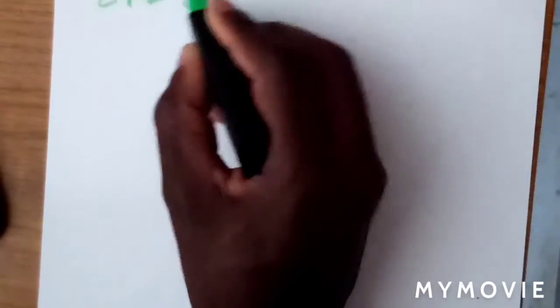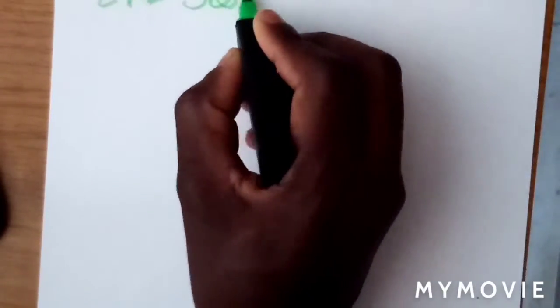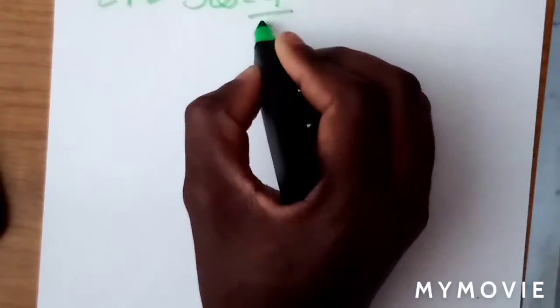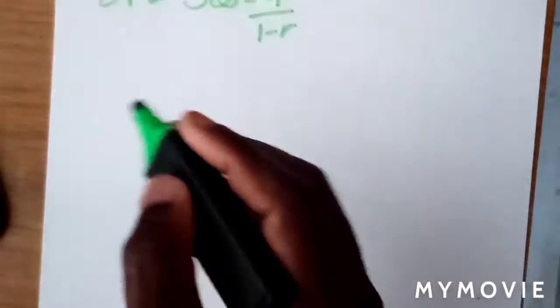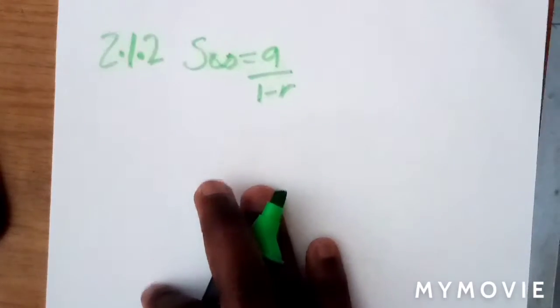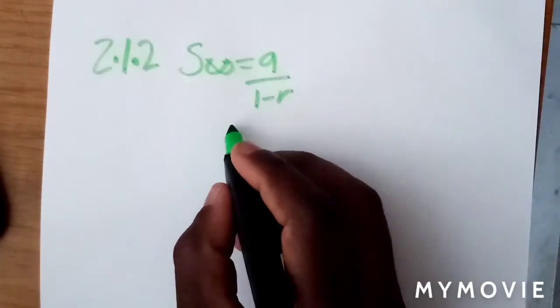Let us do it. The formula for sum to infinity is equal to a divided by 1 minus r. In a convergent sequence, you use this formula.